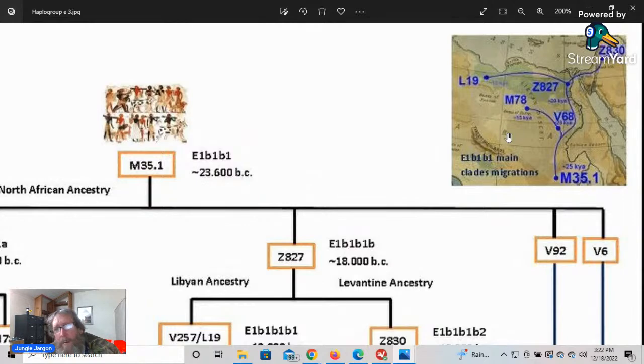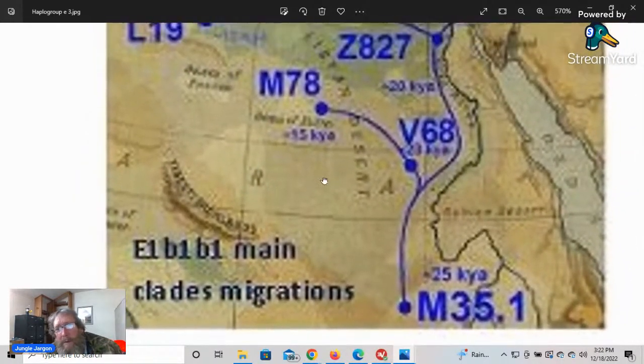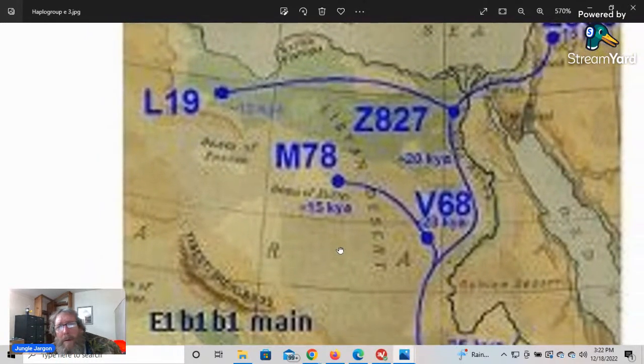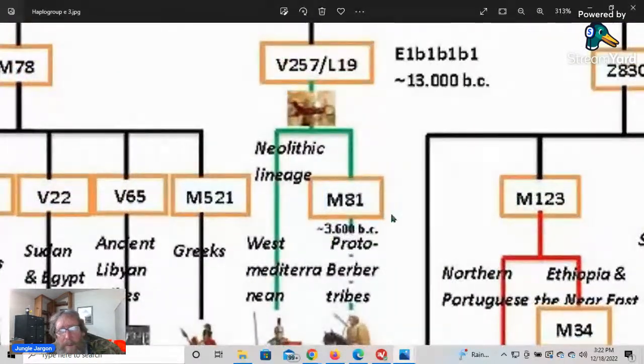The E1, B1 main migration, main clades of migration. But this, of course, includes the Berbers, the M81. It includes everybody basically except for the E1 and the E2.